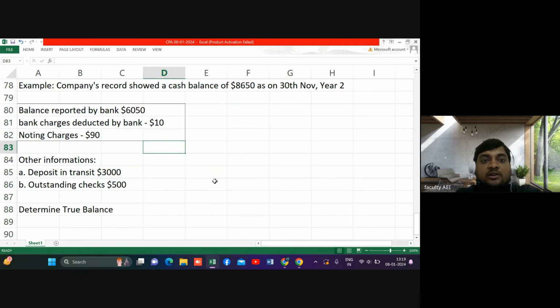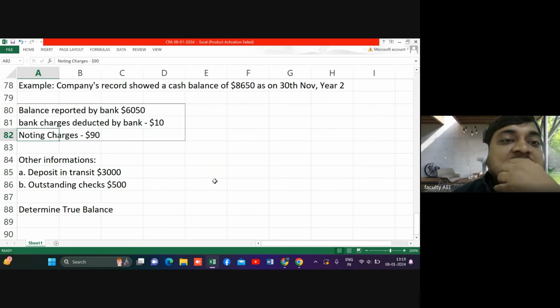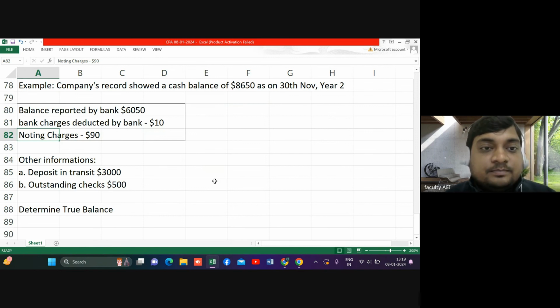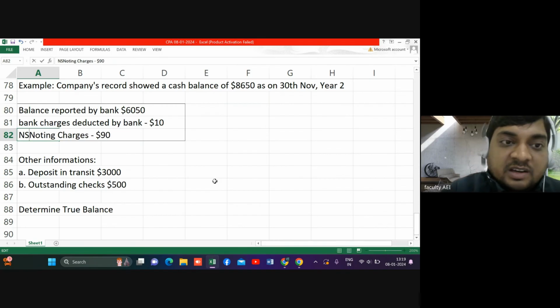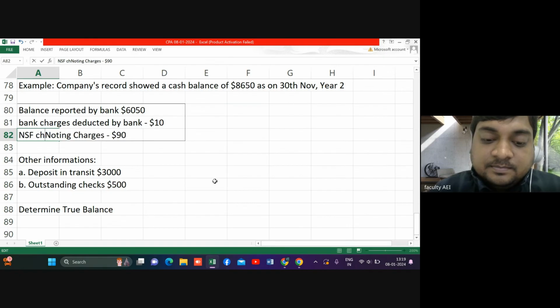So these two are not recorded: this noting charges and non-sufficient fund charges, right? It can be the check or the charges, anything.